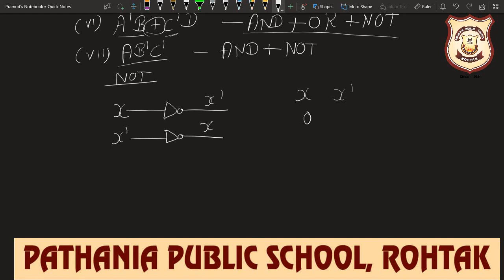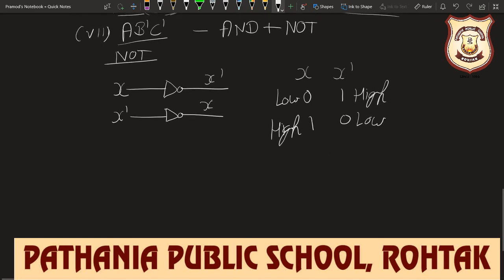If you input 0, then output is 1, and if you input 1, output is 0. This is what you call low. When you input low, you convert it into high. So 0 means low and 1 means high. So you can draw the truth table in this way also.